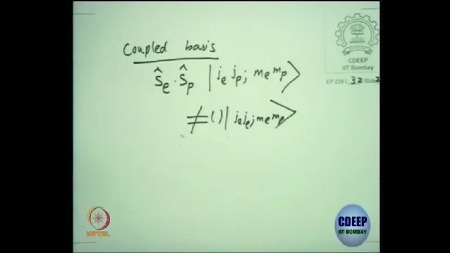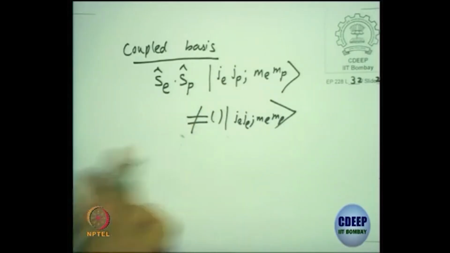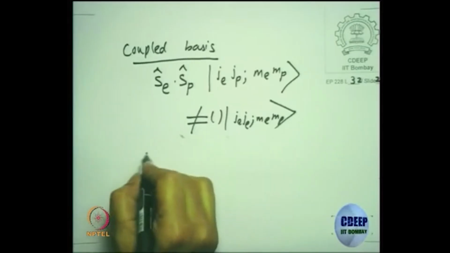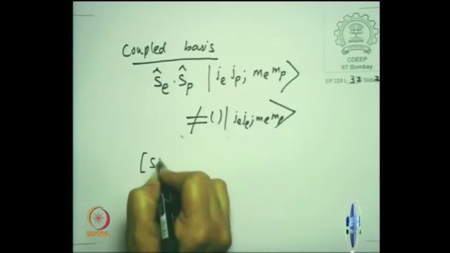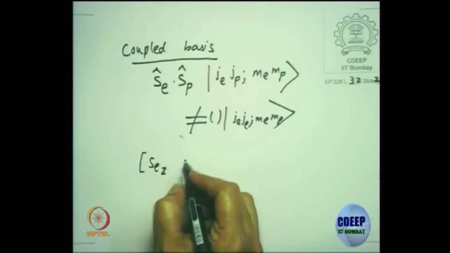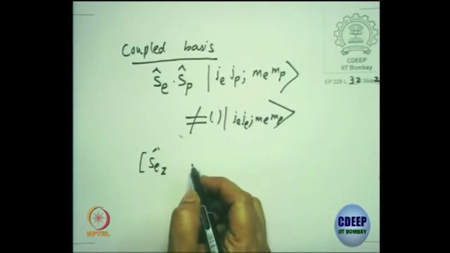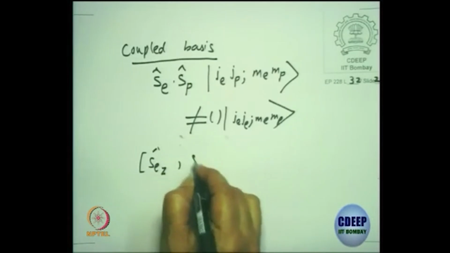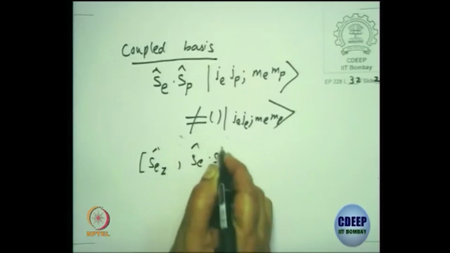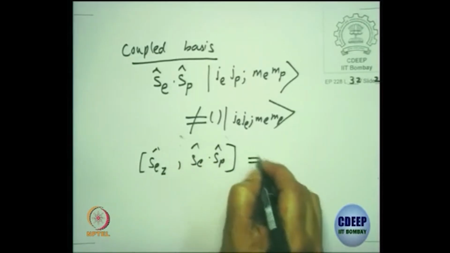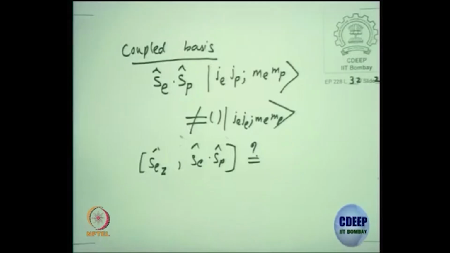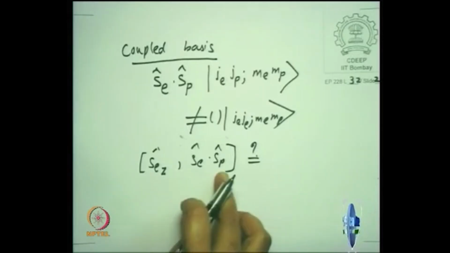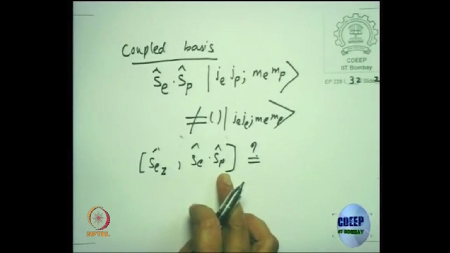What do we do for that? What is another way of seeing that this will not be an eigenstate? Take the Z component operator S_e,z and look at its commutator with S_e dot S_p. S_e,z commutes with the S_p operators, so we don't need to worry about that.